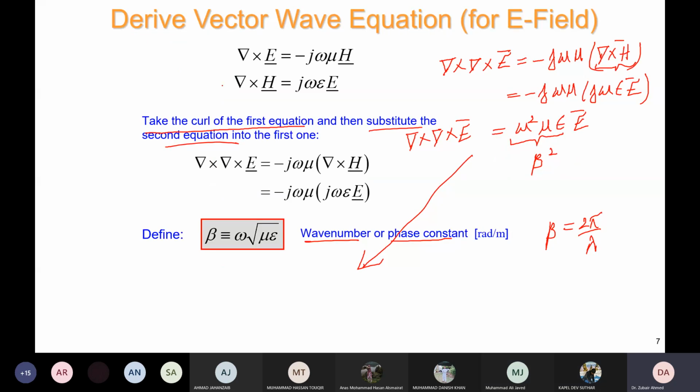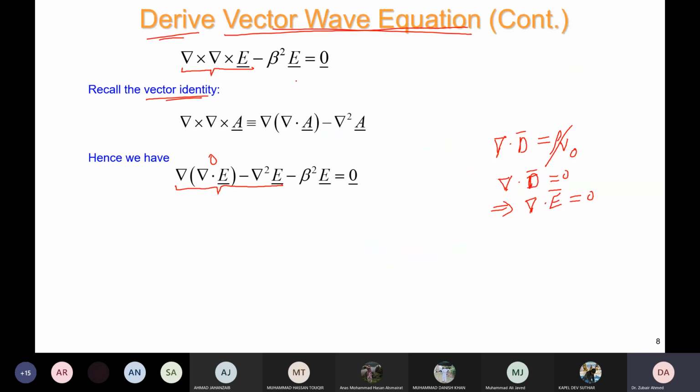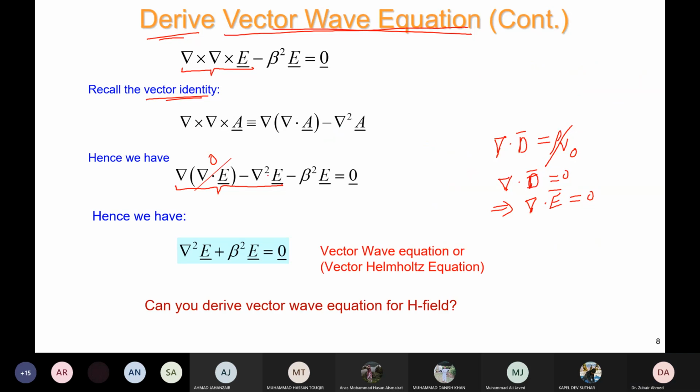You will take the curl of the second equation and substitute the first equation back. If you follow these steps, you will end up with the vector wave equation for the H field, and it has the same mathematical form, only E will be replaced with H. So please do it as homework. In the end you will get this equation, which has the same mathematical form as that of the electric field.